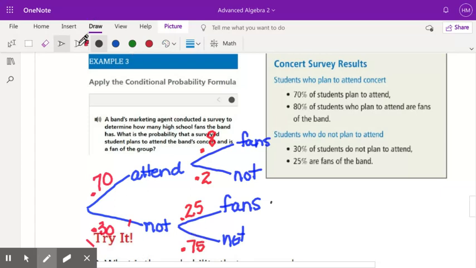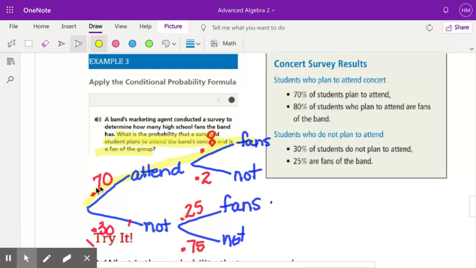Now I can begin to start answering the question here. So the question they're asking, again, this is an extra example: what's the probability that a student surveyed plans to attend the band's concert and is a fan of the group? So here I can just follow the tree diagram. Plans to attend and is a fan right there.